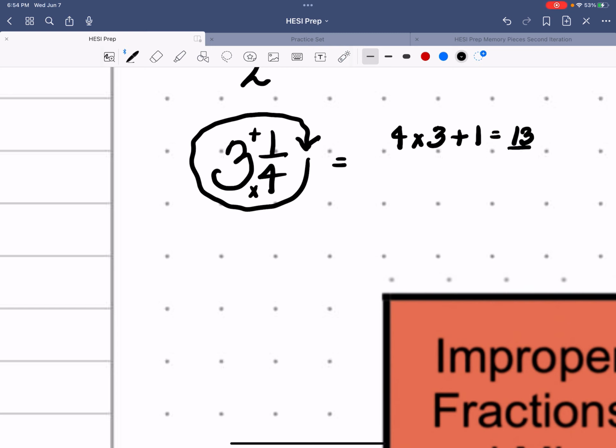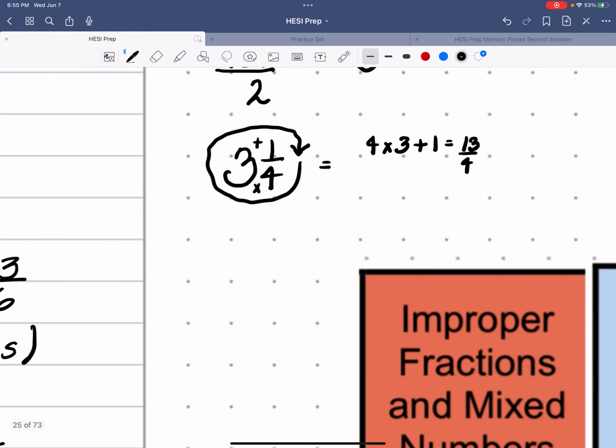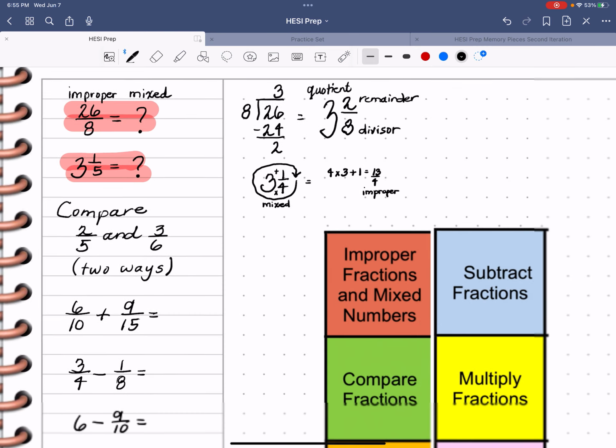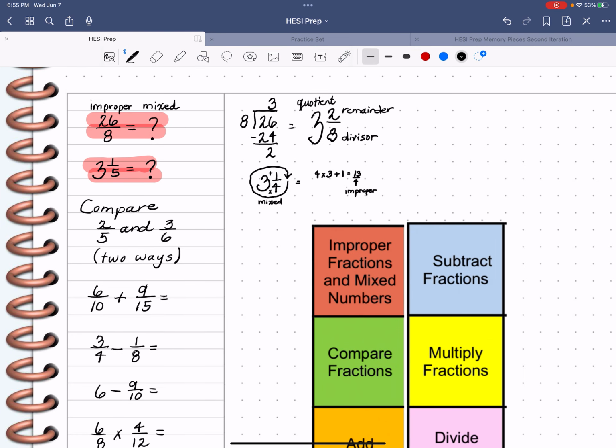And you keep the denominator. So 3 1/4 is equal to 13/4. So this one we're going from mixed back to improper. So those are in the red door. Quite a bit there.